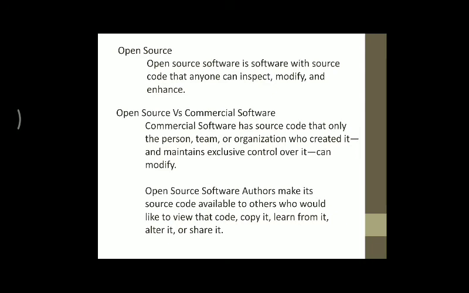Then security: since communities are in many places, we can strengthen the security of open source. Since the source code is freely available, we can modify it and improve the security.